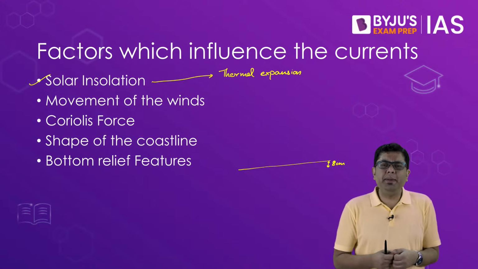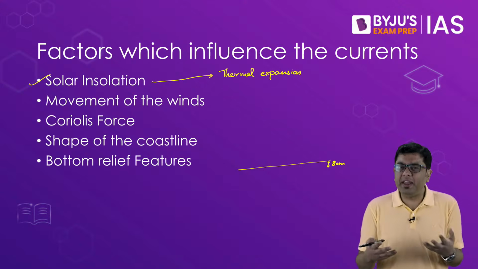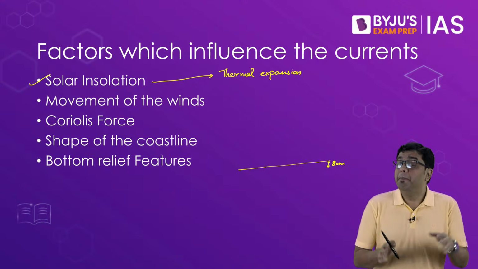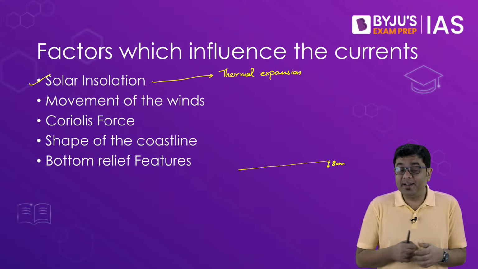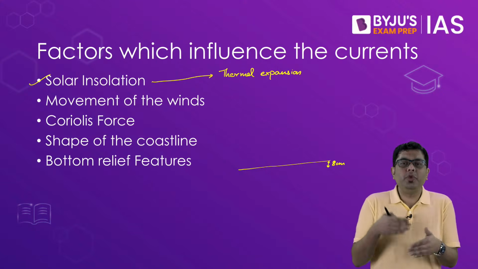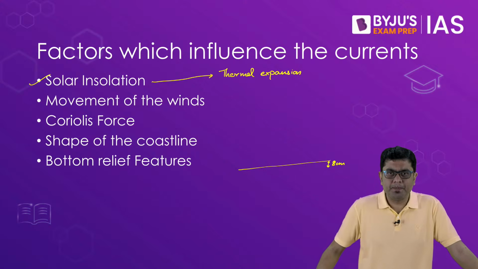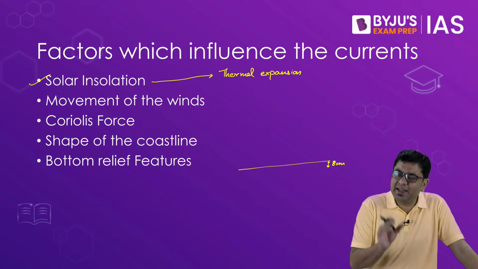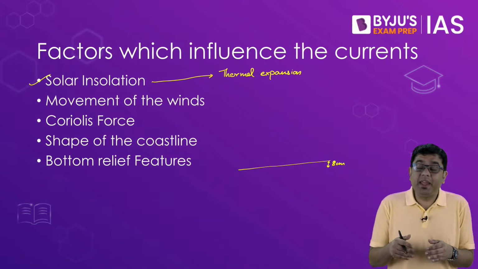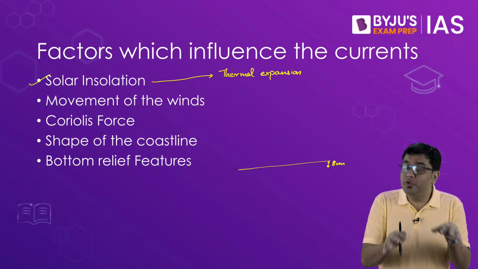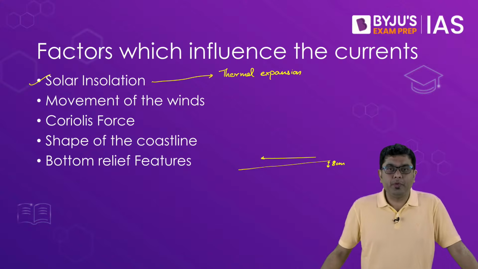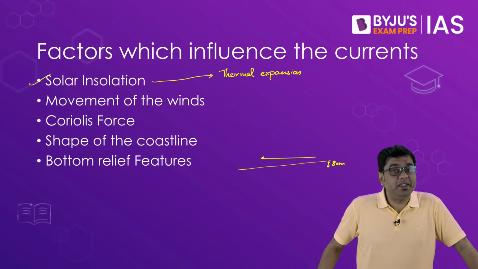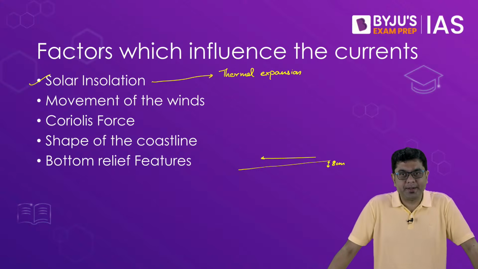Even though this 8 centimeter might not seem to be a very large figure, considering the water bodies, this in itself is significant enough to initiate motion. So this height gradient can initiate the movement of water from the lower latitude to the higher latitude. And this can be the initiation of an ocean current.